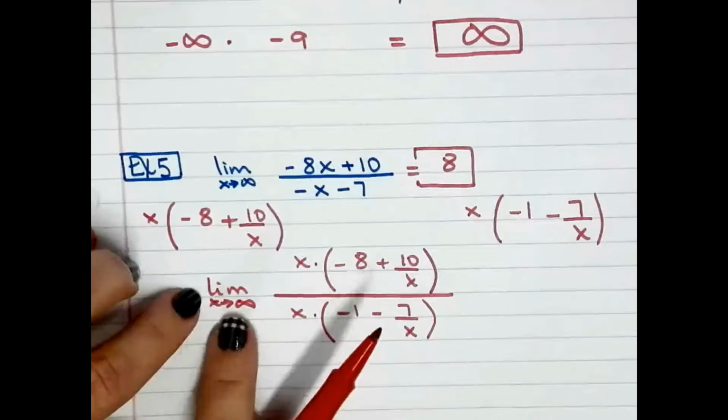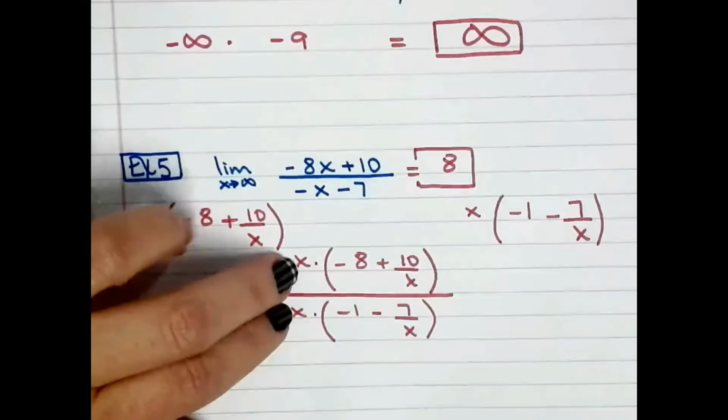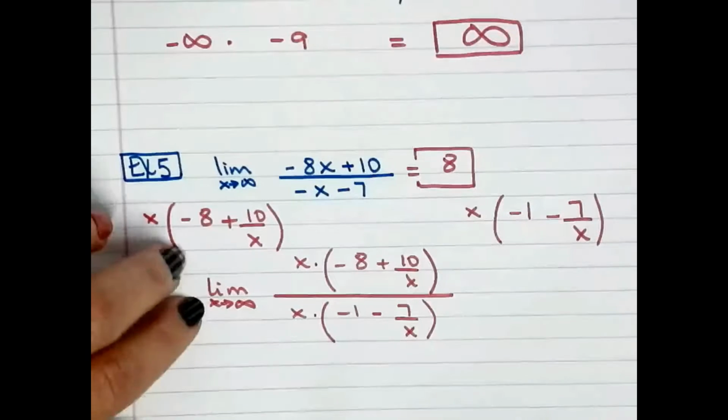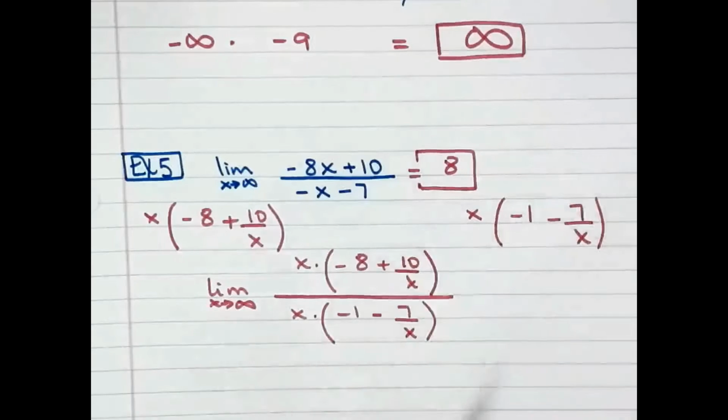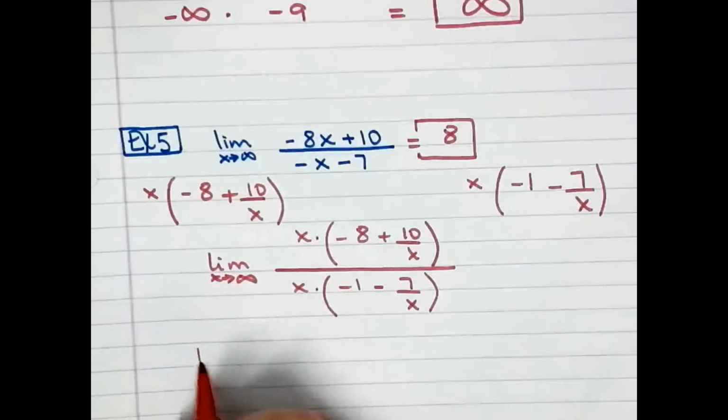One is the limit as x approaches infinity of x over x, and then the limit as x approaches infinity of what I have left over right here. It looks like this.